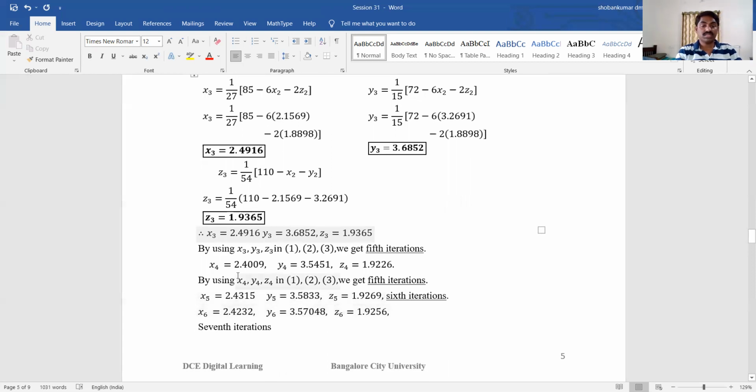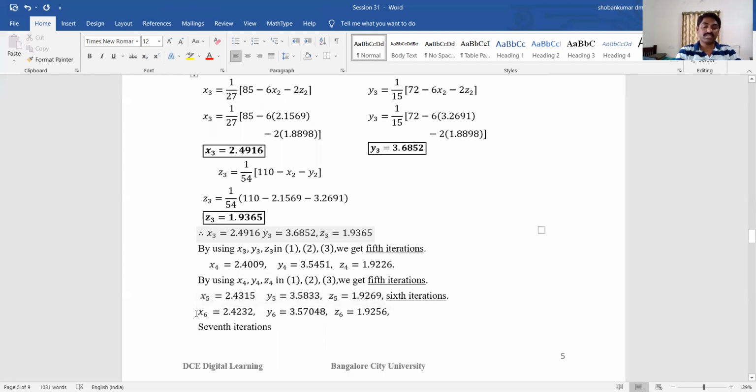Here, the fourth iterations are x4 is 2.4009, y4 is equal to 3.5451, z4 is equal to 1.9226. By using x4, y4, z4, we get the fifth iterations. Then equations 1, 2, 3 become x5 is equal to 2.4315, y5 is equal to 3.5833, z5 is equal to 1.9269.